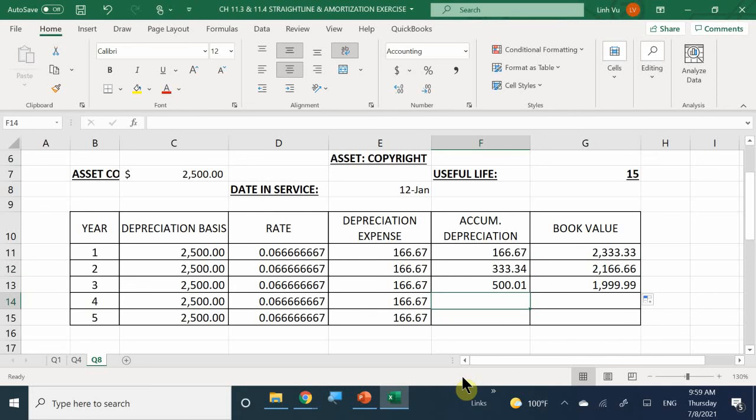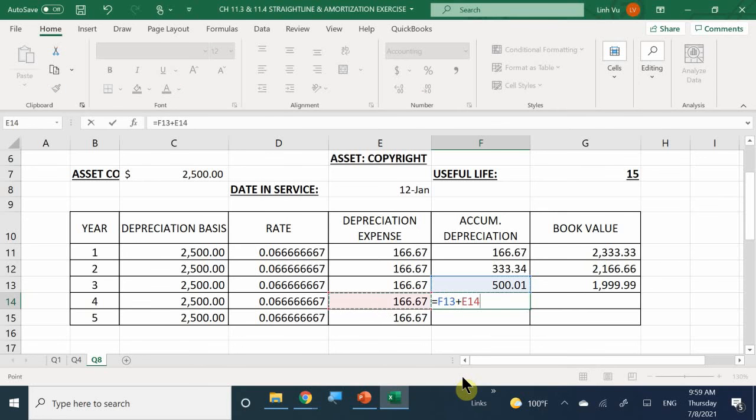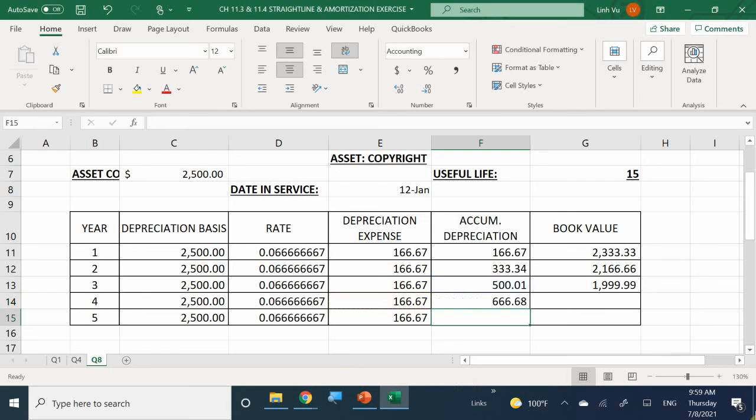Two more things here. So two more years. What is the accumulated amortization for the fourth year? 666.68. And what's going to be my depreciation, I'm sorry, book value for year 4? 1,833.32. Okay.